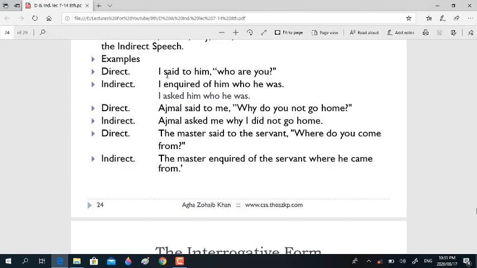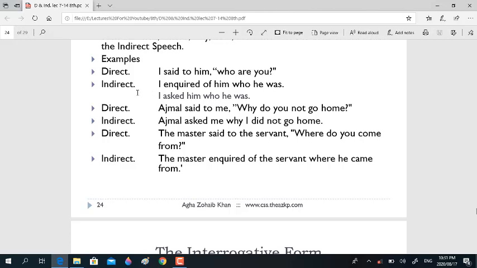So the indirect of this sentence is: I asked him who, this is second person, here is the object, so this should be changed according to the object. I asked him who he was, who he was, right?